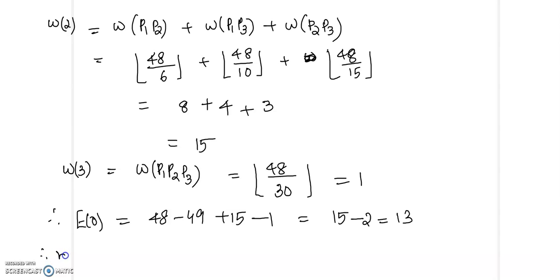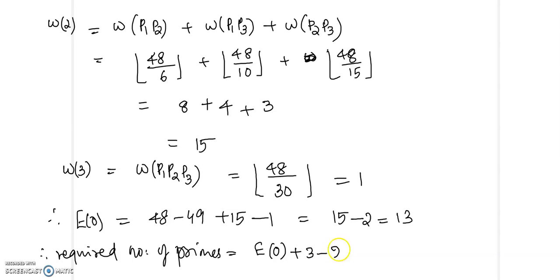So therefore the required number of primes will be equal to E of 0 plus 3 minus 1, so that will be 13 plus 3 minus 1, which is equal to 15. So this is the value we have obtained using the sieve of Eratosthenes.